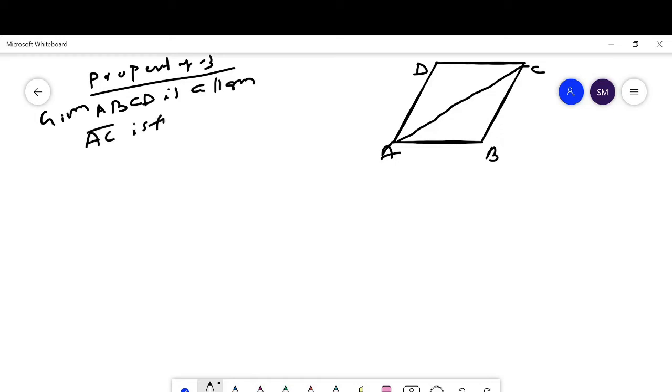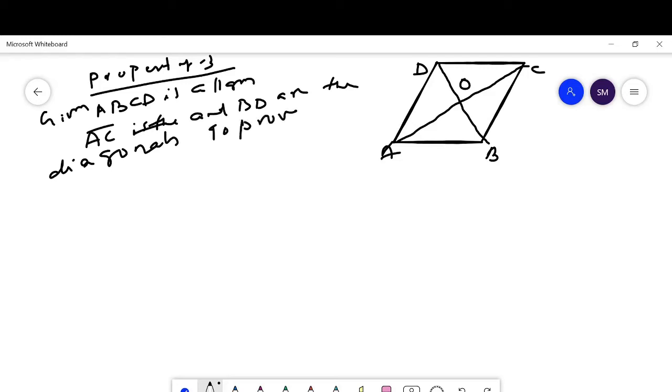AC and BD are the diagonals. Then we have to prove that they bisect each other, meaning AO is equal to CO and BO is equal to DO.